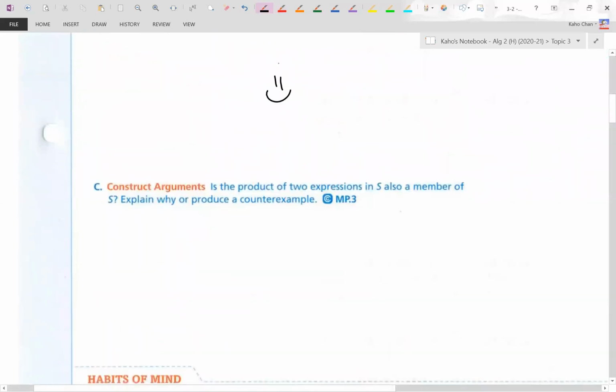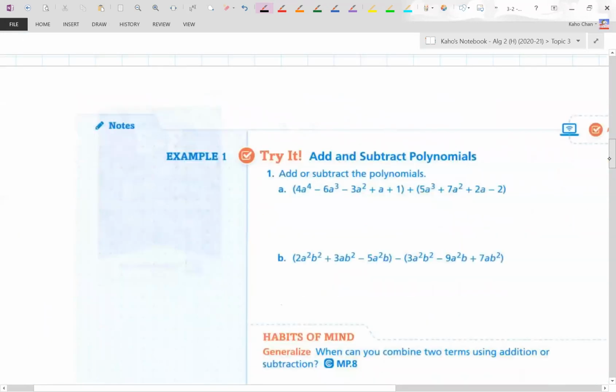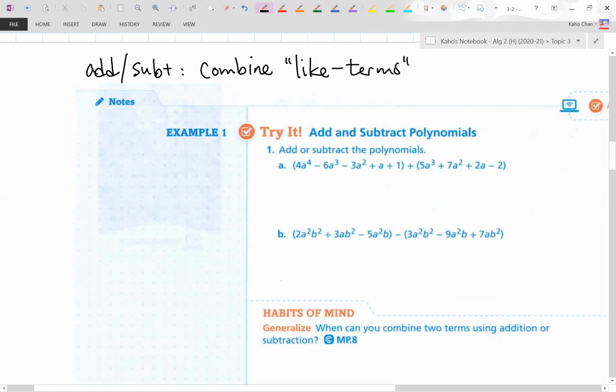All right. So some things from back in Algebra 1: when it comes to adding and subtracting terms of a polynomial, you want to combine like terms. That's the key now. It's like going out trick-or-treating.